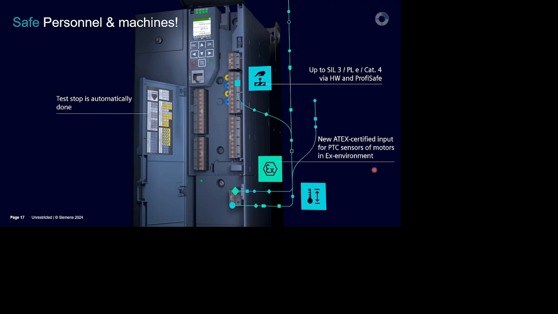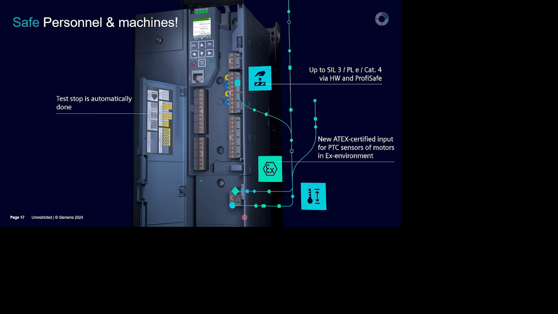And another important point: I showed you already this little IIoT module that can be connected beneath the control unit. This is the control unit of our IP20 drive. In this case, we also have a different option module plugged here. It's an option, and it is the SMT module, Safe Motor Temperature.